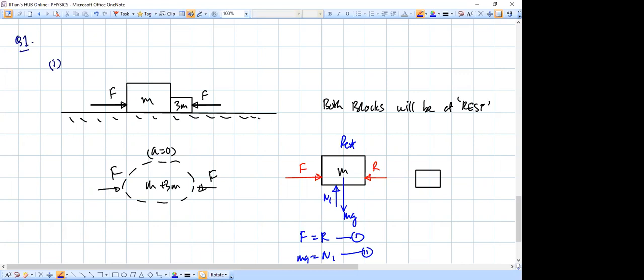Okay. Now similarly, if you see the second block, you will get the same result for it. The only thing is the normal reaction due to the ground will be different because its weight is different. But the horizontal forces will have similar magnitudes, just their directions are opposite. Here the external force is acting along the negative x direction. And also here the mass of the block is 3m.